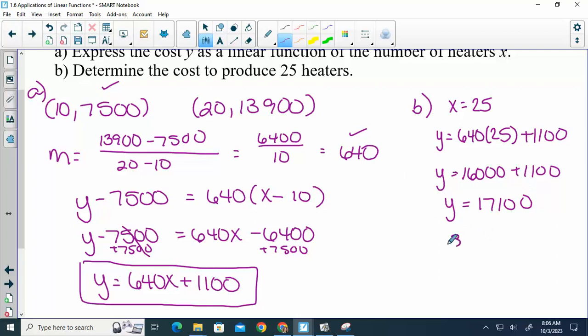And since that is the cost, I should put a dollar sign there. Any questions on that one?